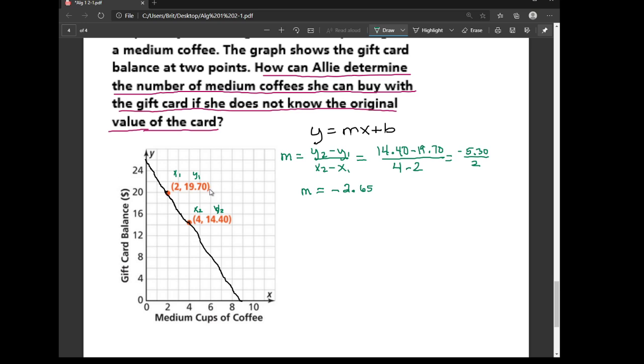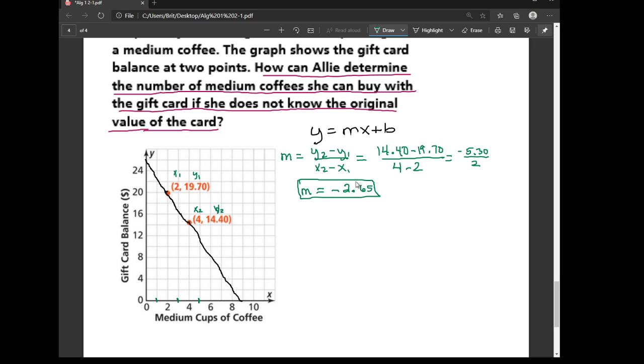What that means is that for every 1 unit that I move to the side, or for every single cup of coffee, this gift card balance is decreasing, that's what that negative means, by $2.65.